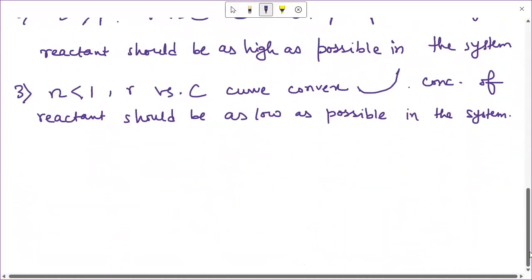Now, for reactions where this rate versus concentration curve goes through a minima point or a maxima point, like this, then you cannot really follow these general rules.